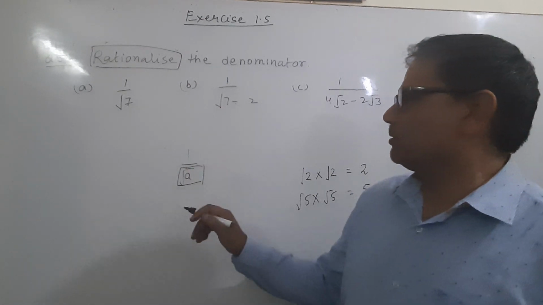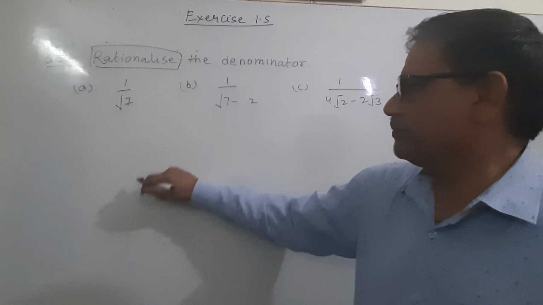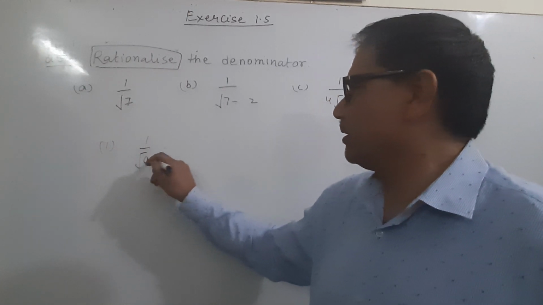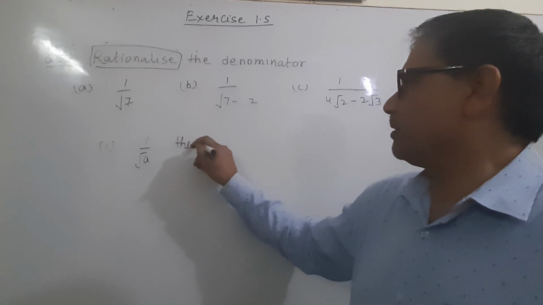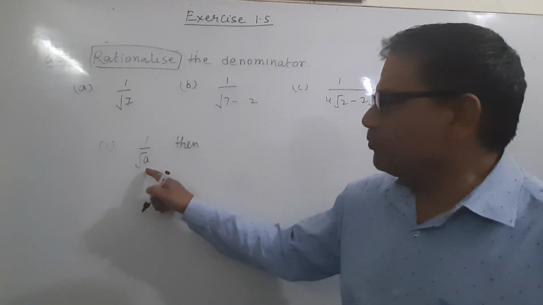So what is the rationalizing factor? If we are given 1 upon root a, then by which number do we have to multiply to remove the surd?